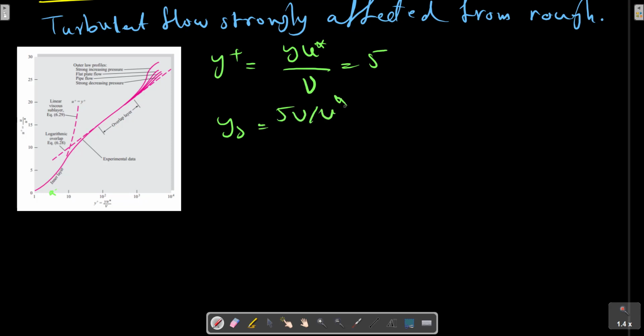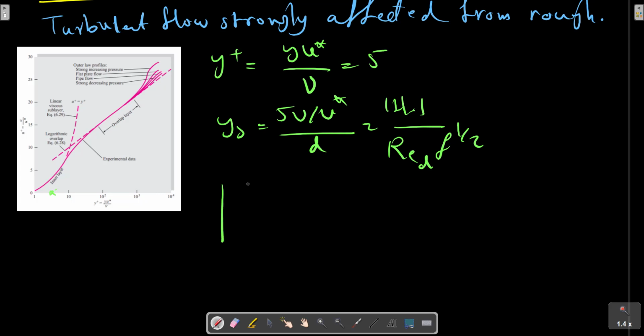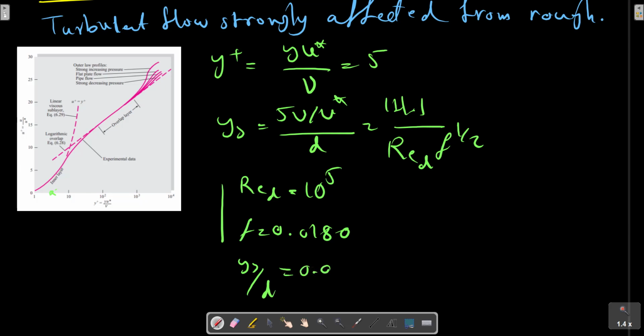For example, in this formula, if we have the relation for the quantities for Reynolds number, a wall roughness of about this size will break up the sublayer and profoundly change the wall law in this picture.